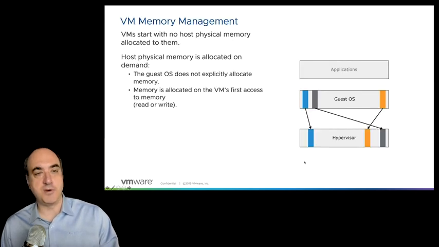So with regards to memory management, you've got this multi-layer model. The applications will make memory allocation requests. That will map into the guest OS, and the guest OS will then have to map that to the hypervisor. The guest OS actually does not explicitly allocate memory, though. Memory is allocated on the VM's first access to memory, regardless of whether it's a read or a write.